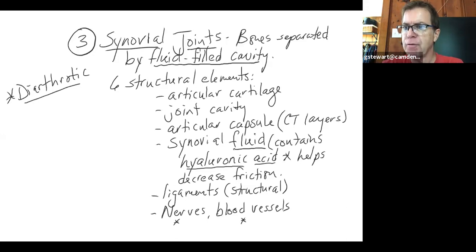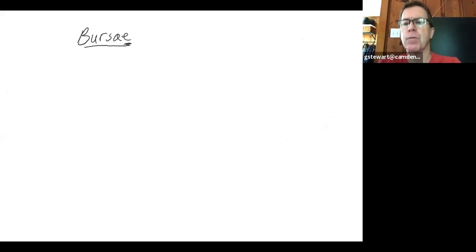There are also, I'm still continuing with synovial joints, but we also find bursae. You've probably heard of a bursa. Plural is just with an E at the end. If you drop the E, we're just talking about one. These are basically fibrous sacs that are filled with fluid.